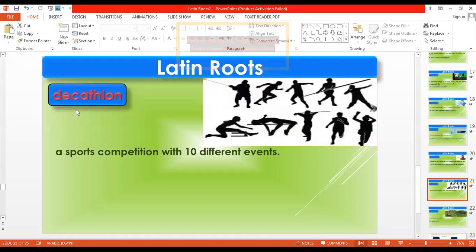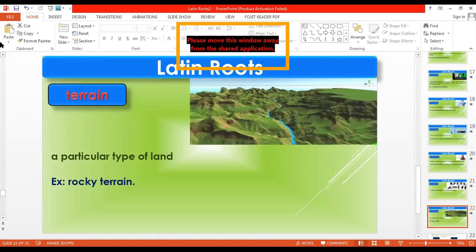Decathlon. Decathlon means it's a sports competition with 10 different events. So decathlon is something related to sport. Terrain: if you look at the picture, it's a type of land, a particular type of land.